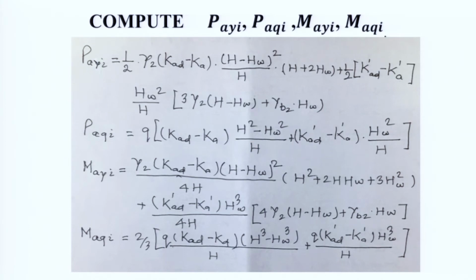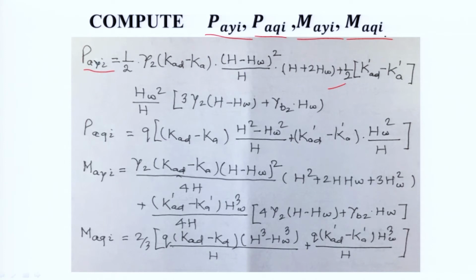So, now we have to compute this PAγI, PAQI, MγI, MAQI. So, we have to calculate this one. Now this is the formula in which we have to put the value of different parameters given in our question.